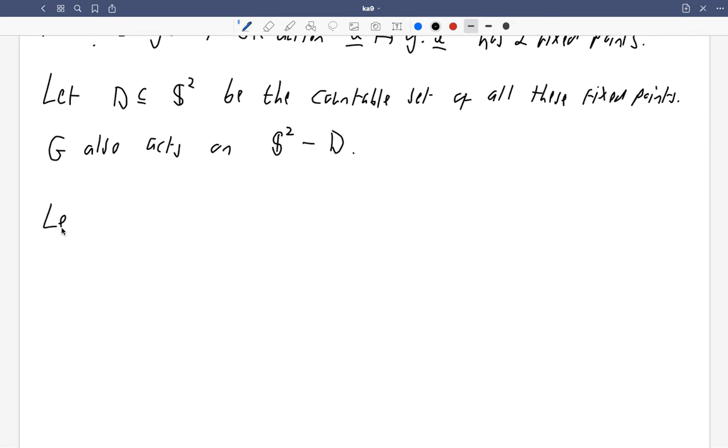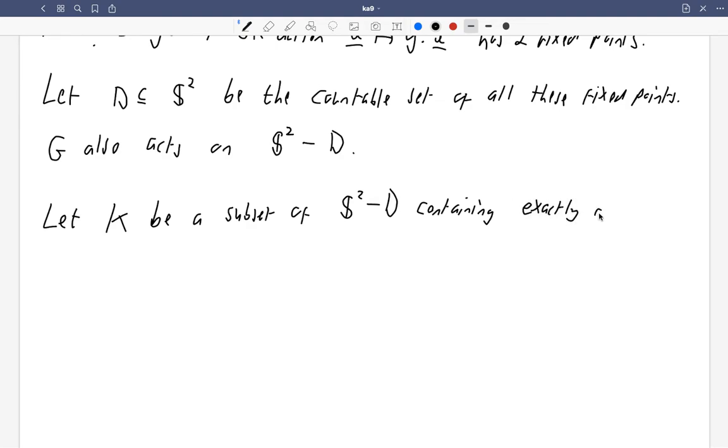So let K be a subset of S2 minus D containing exactly one element from each orbit of G.